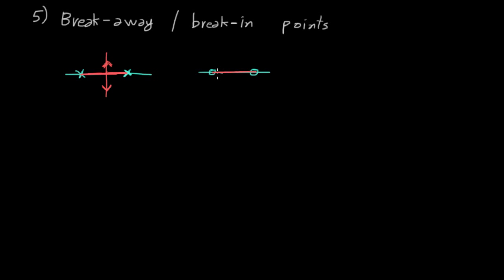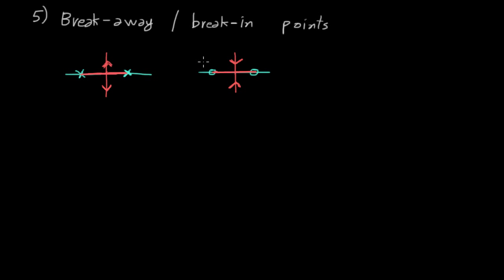Similarly, if we have two zeros with a couple of branches between them, they must come from somewhere. They must come from some pole, and the point in which the branches arrive to the real axis are called breaking points.